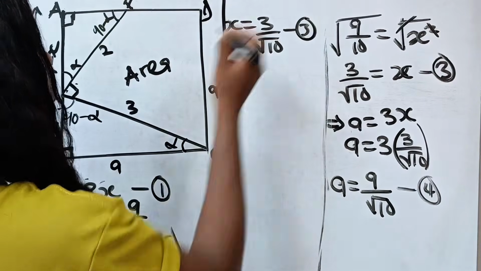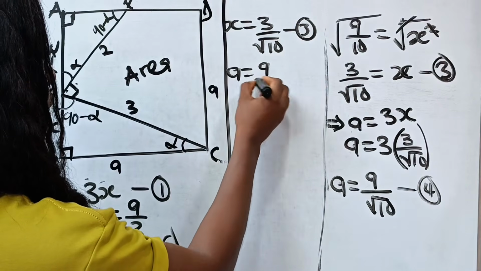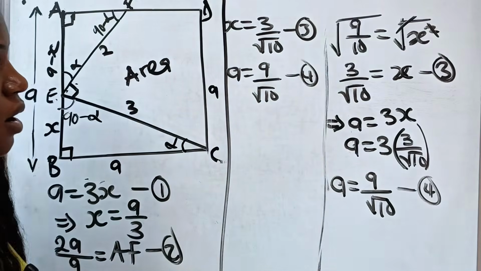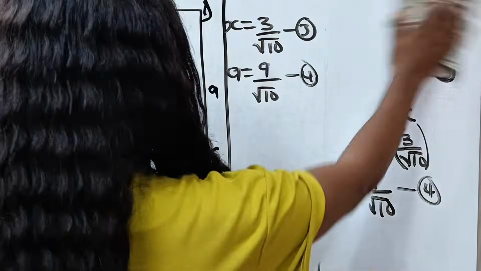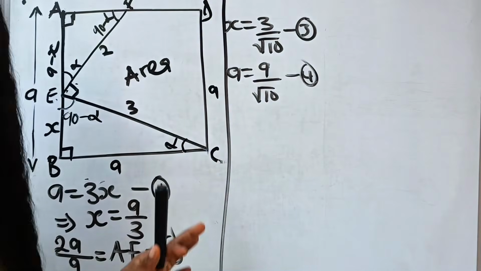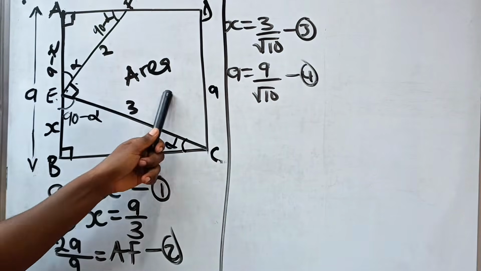This is equation 3. And according to equation 4, we have A is equal to 9 over root 10. This is equation 4. All right, now permit me to clean every other thing. So we are now going to make use of these 4 important equations to solve for this.